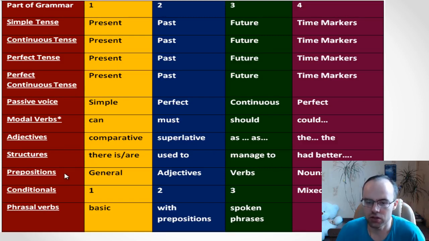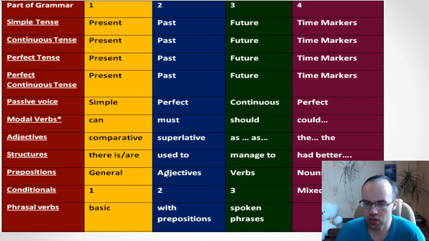You should also pay attention to prepositions, and how can we understand this part of grammar. First of all, you need to know some general prepositions and their meanings, like in, which means inside, on, like on the surface, some prepositional phrases, for example, at home, on a business trip.